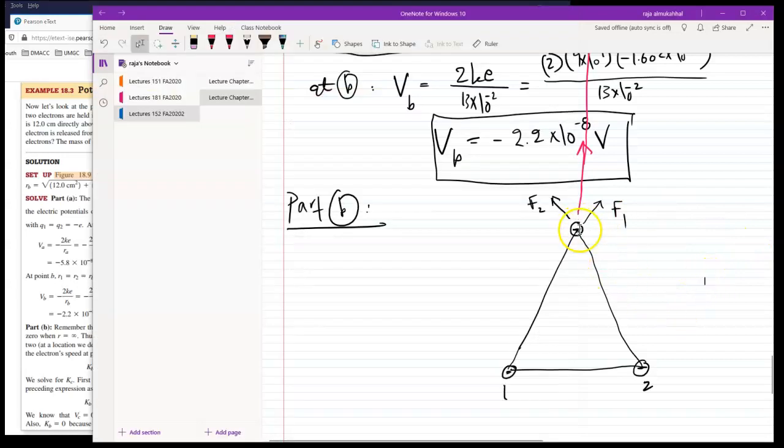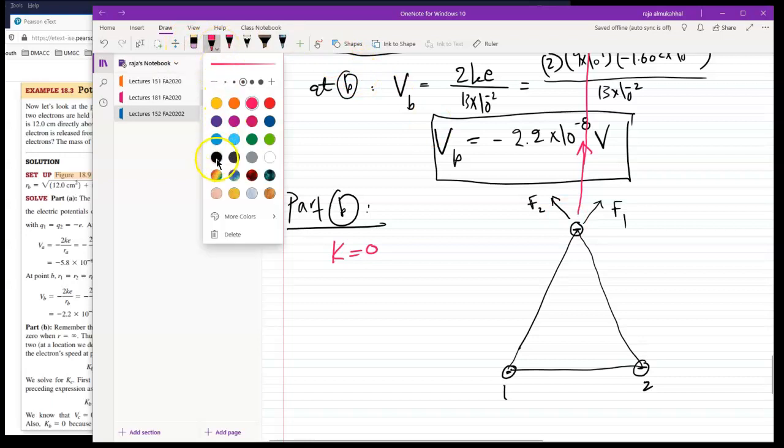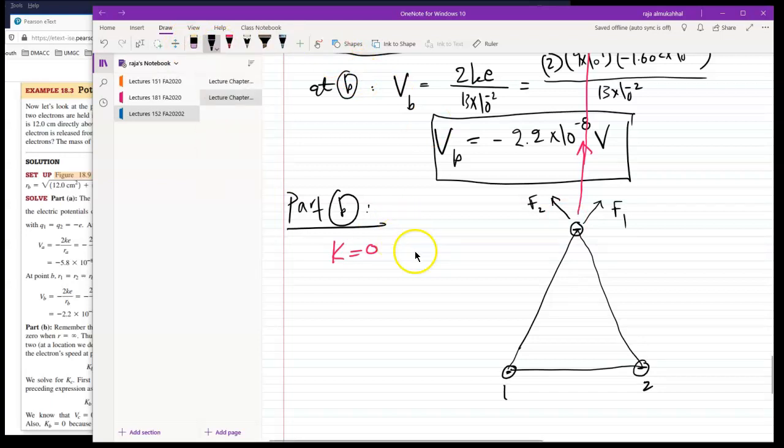While I'm holding the electron between my fingers here, I ask the question: what is the total energy of this electron? Well, first of all, it doesn't have kinetic energy, right? Because I'm holding it between my fingers, it's not moving. You see what I'm saying? But it has potential energy.